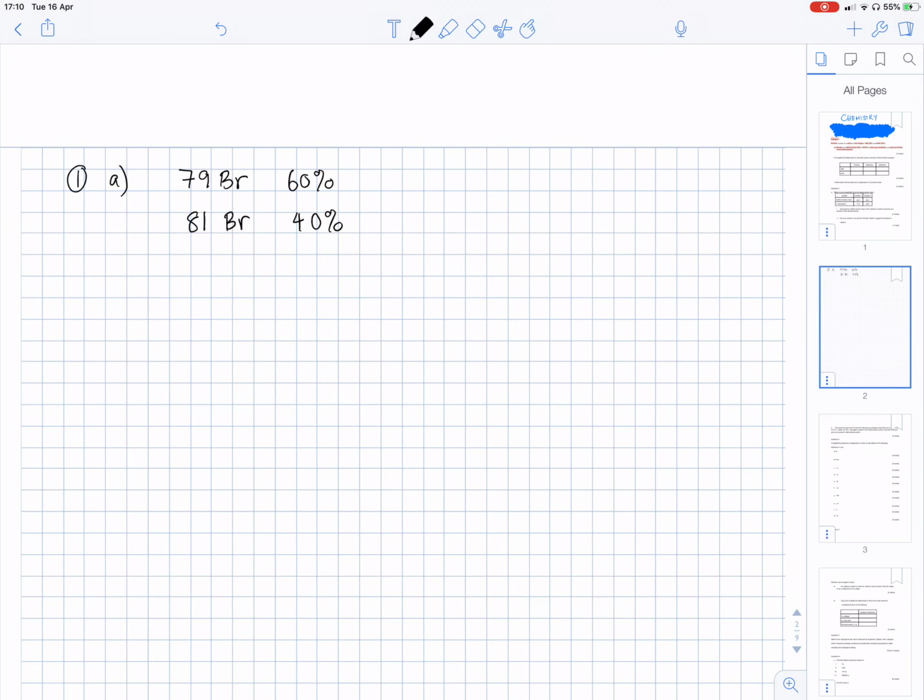So to calculate the relative atomic mass, you're going to do the mass number for bromine 79 times the abundance, 60%, plus the 81 times the abundance of 40%, and then you're going to divide both items over 100%.